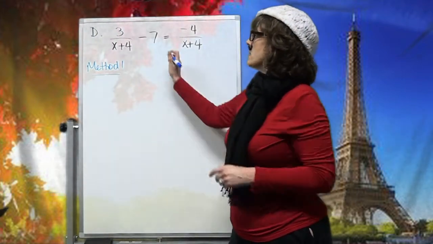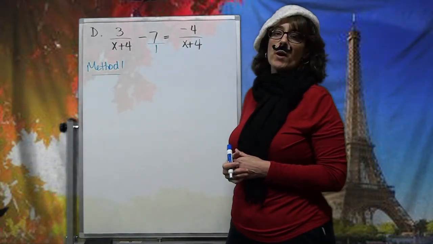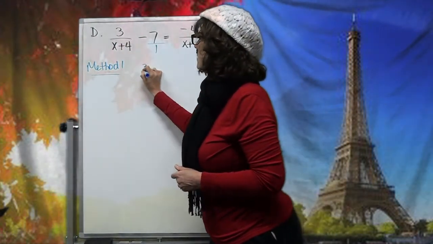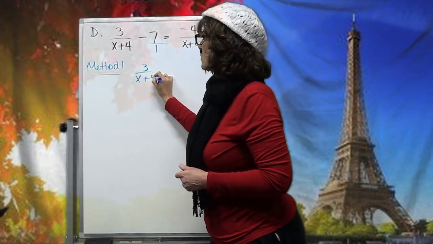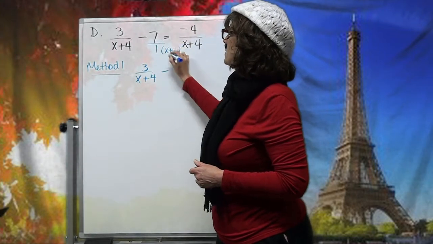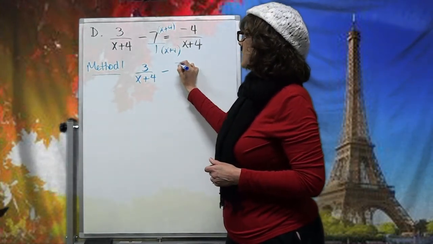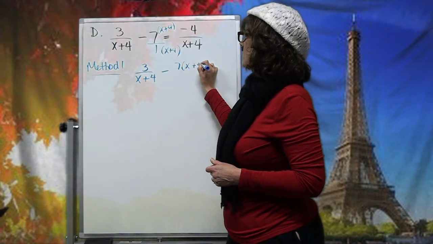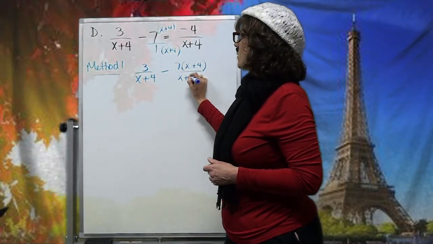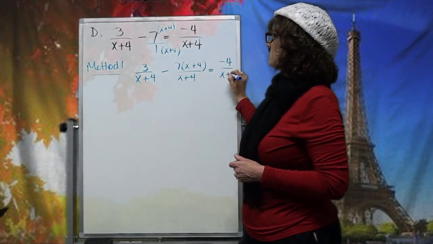So I put my 7 over 1, I look all the way across, and I go, hey, if they were all an x plus 4, I'd have something beautiful. So my LCD is going to be x plus 4. The first one's there. I'm going to multiply this by an x plus 4, which means I also multiply my numerator by an x plus 4. So I get negative 7 times x plus 4 over x plus 4. And then this one's already there, so I'm going to leave it alone.